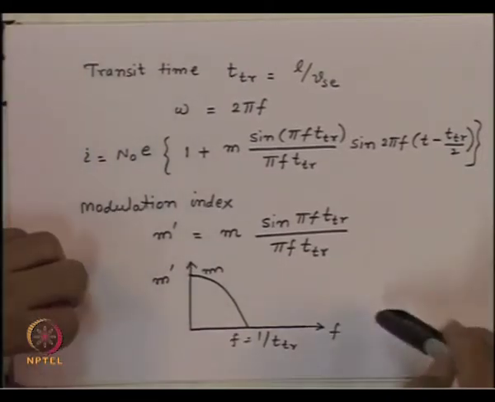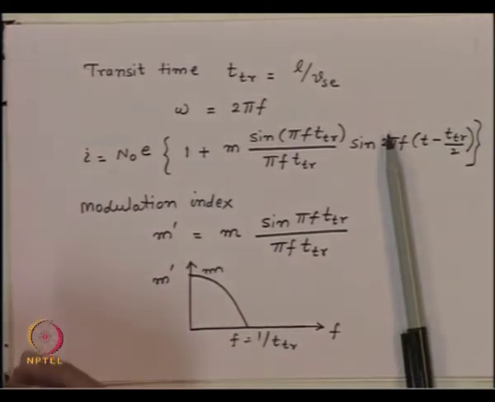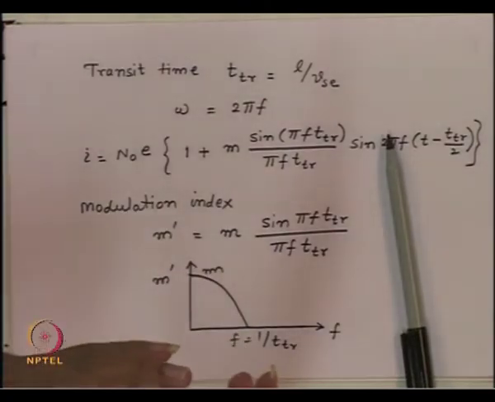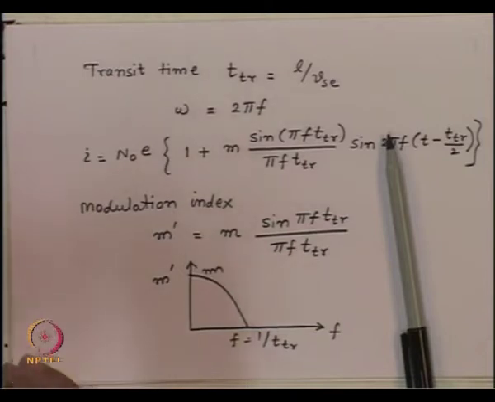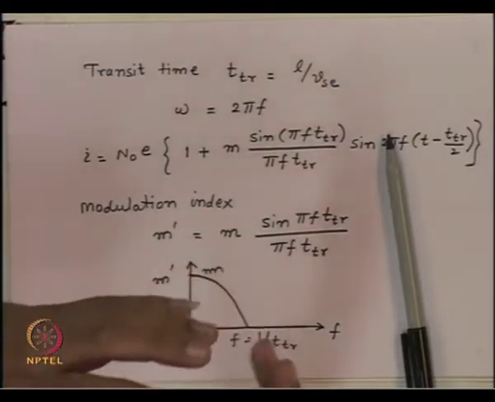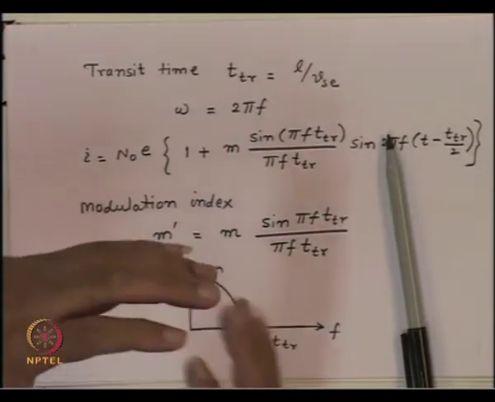What one finds is that because of the finite transit time of the carriers inside this, the device will not respond to alternating signals beyond certain frequencies. Physically, one can see this as follows: suppose we had given an impulse to this device, the current is going to flow for a duration equal to the transit time.